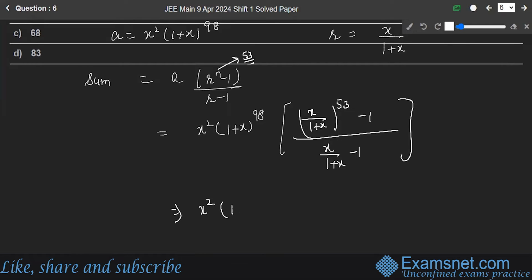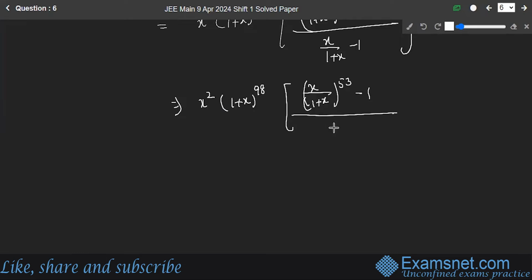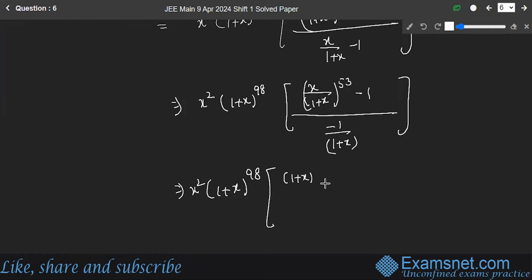You have x squared (1 plus x)^98 for this, and this will give me (x upon 1 plus x)^53 minus 1, upon this will give me minus 1 upon 1 plus x. This will be (1 plus x) actually, minus (1 plus x) into x^53 upon (1 plus x)^53, plus (1 plus x).